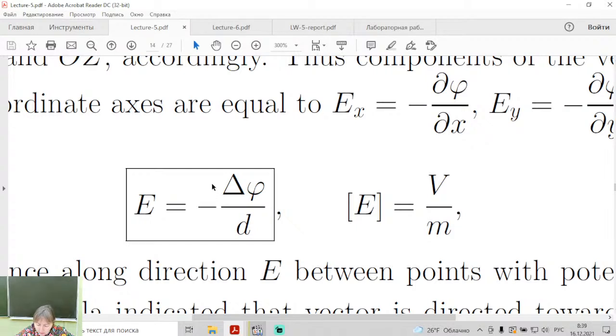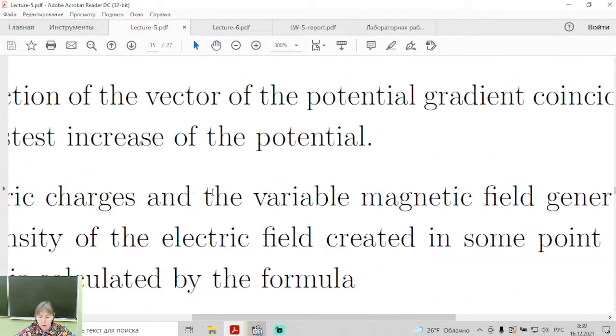Electric charges and the variable magnetic field generate the electric field. The intensity of the electric field created at some point by an isolated point charge Q is calculated by the formula. Look at here.